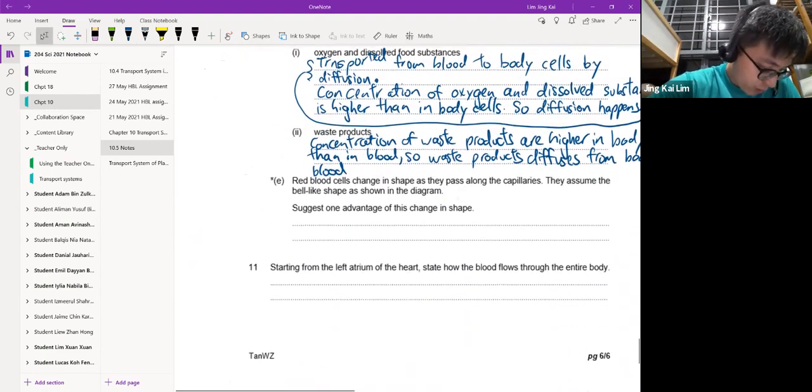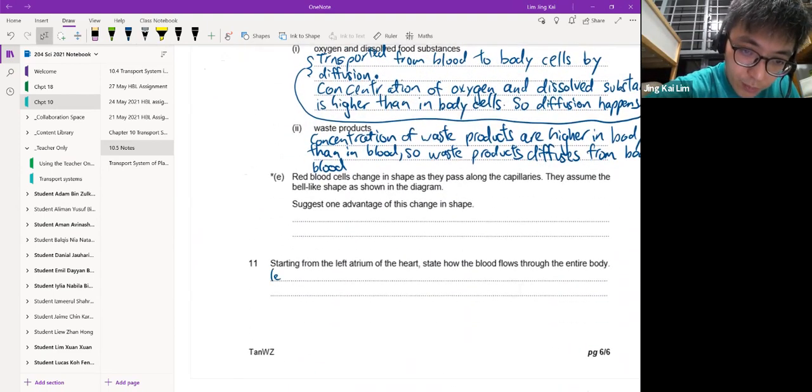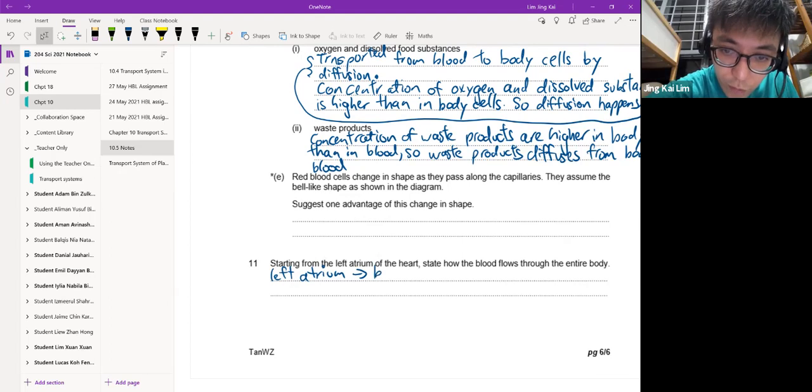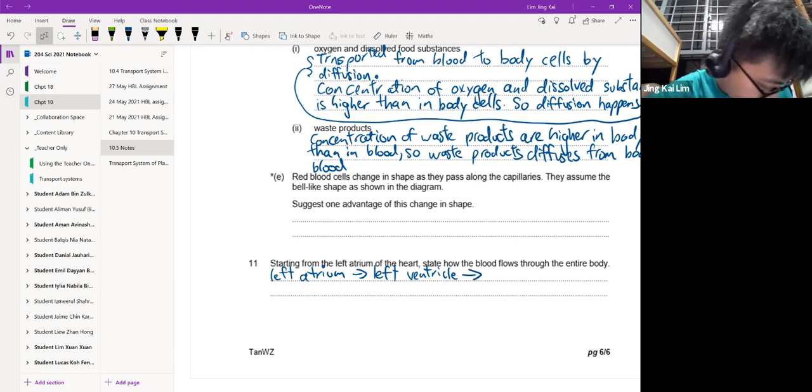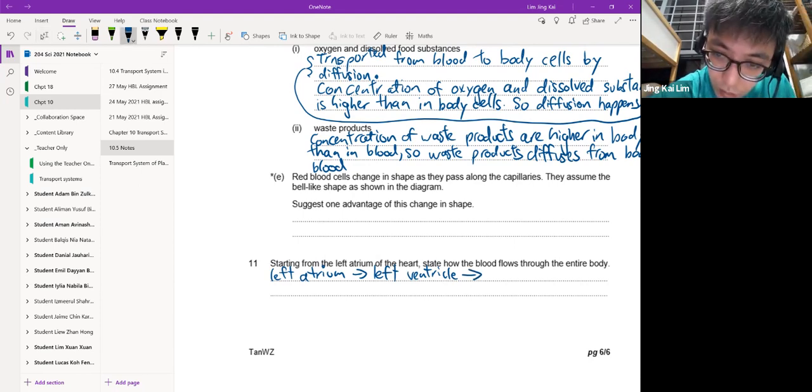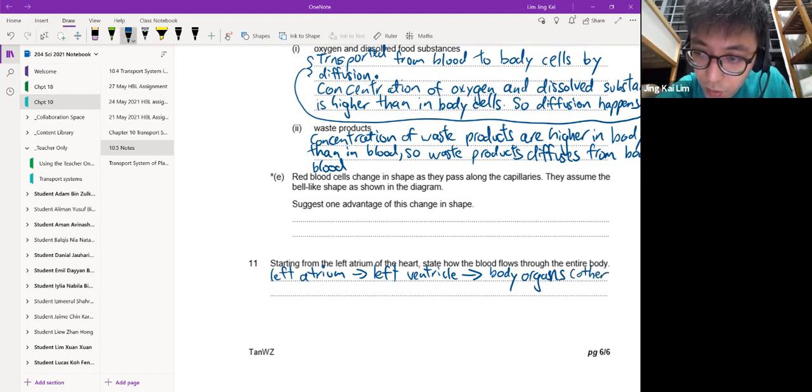Okay, so let's write all that down. So from the left atrium, you go to the left ventricle, which will then flow to the other parts of the body.